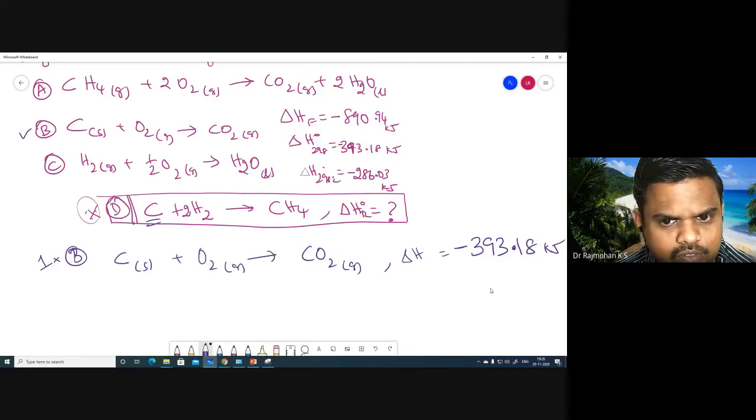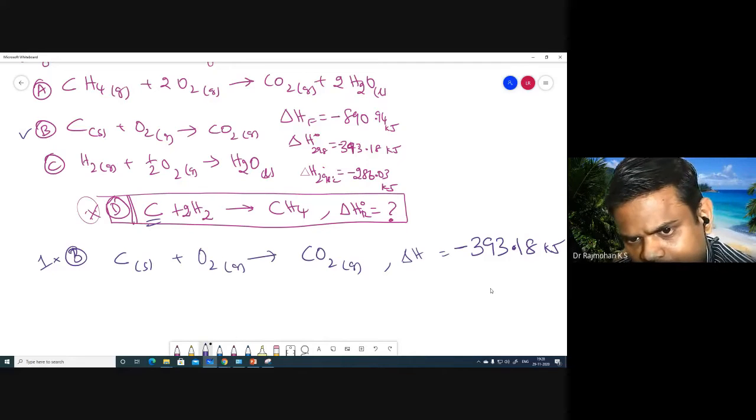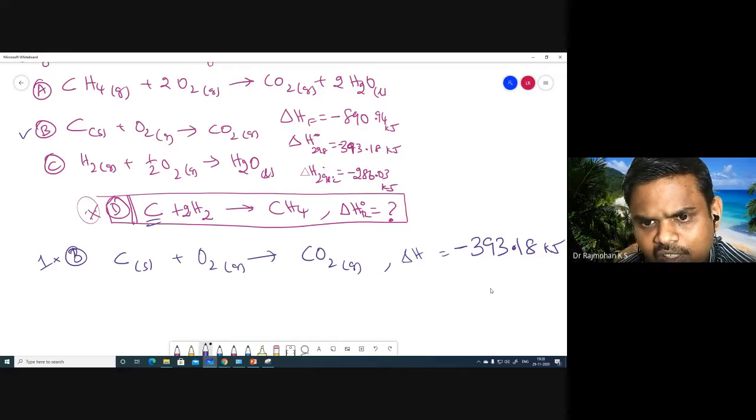Okay, there is no CO2 on the right hand side of the overall reaction which we want. So we should have CO2 as a reactant, we have to write that.